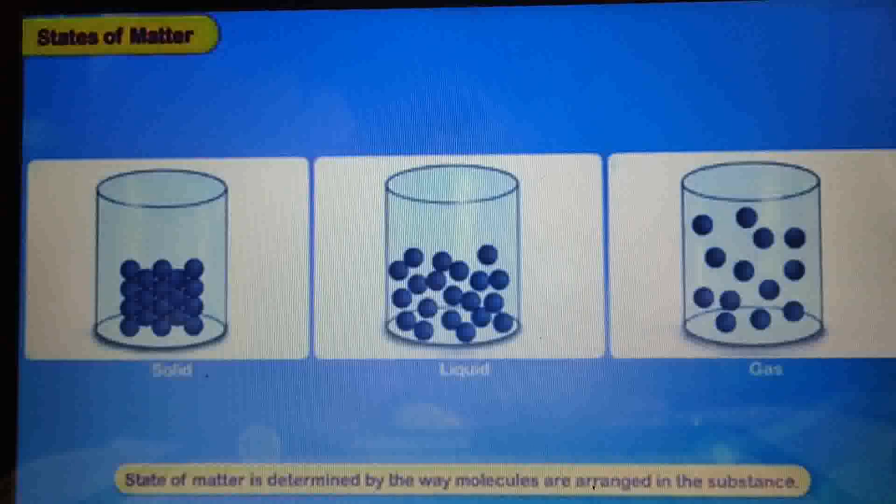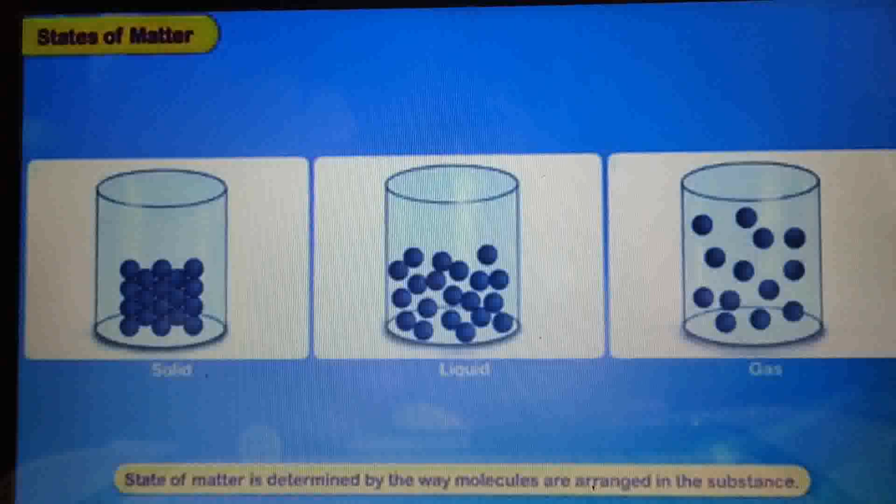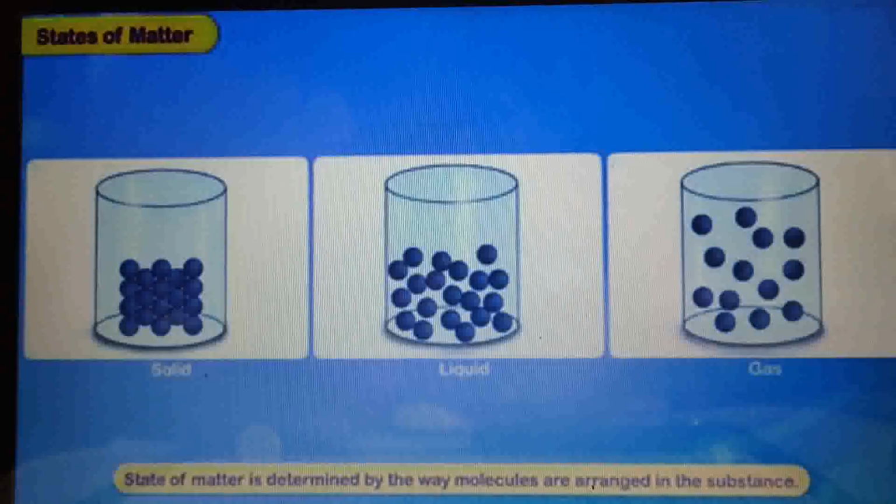As you can see here, in solids, molecules are very tightly packed. There is almost no space between the molecules.